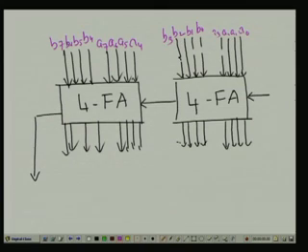So, 0 to 7 are the inputs. Again this is my carry in, and these are my sum bits S0, S1 to S7.